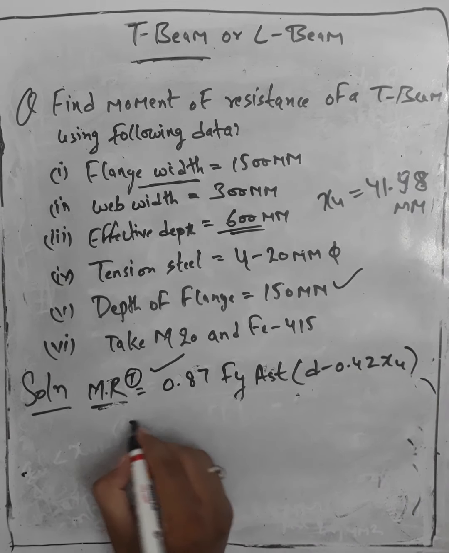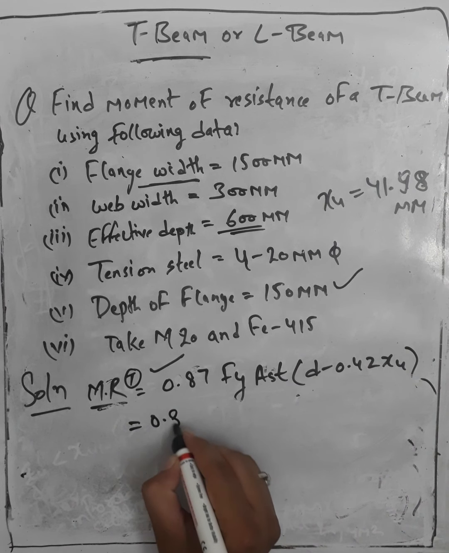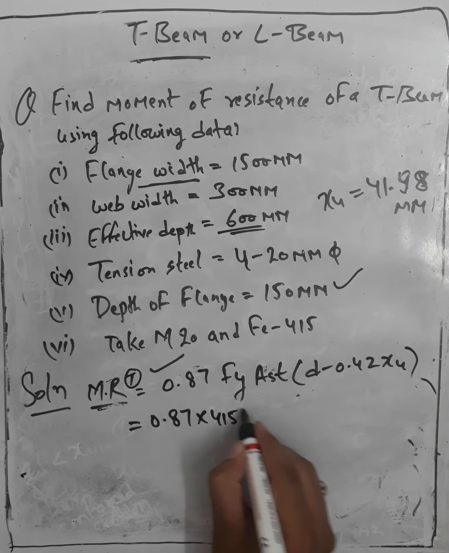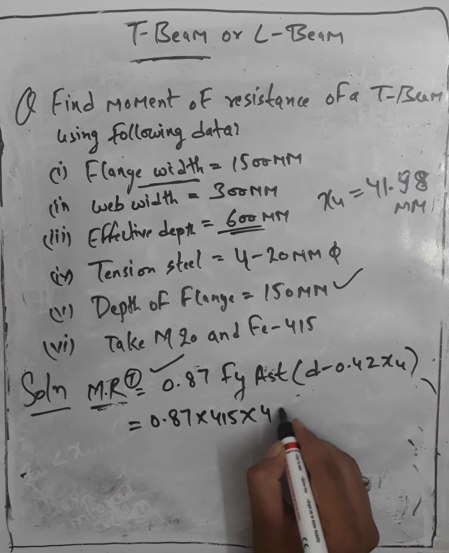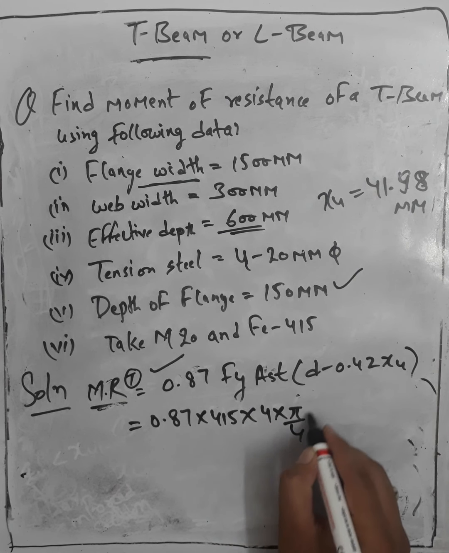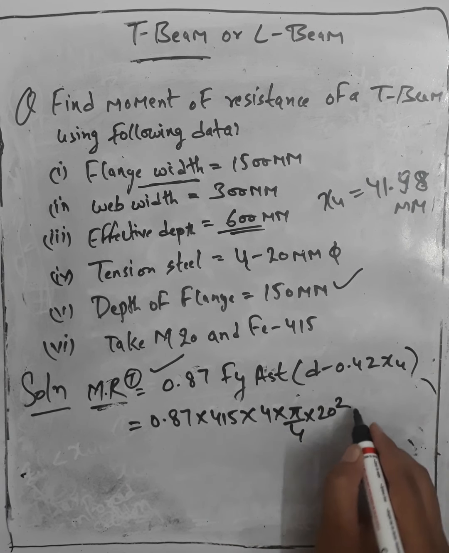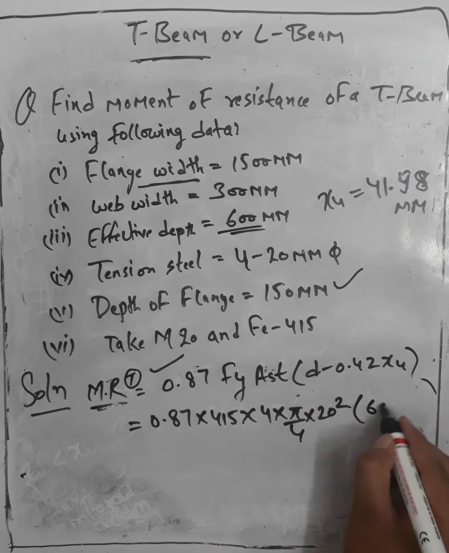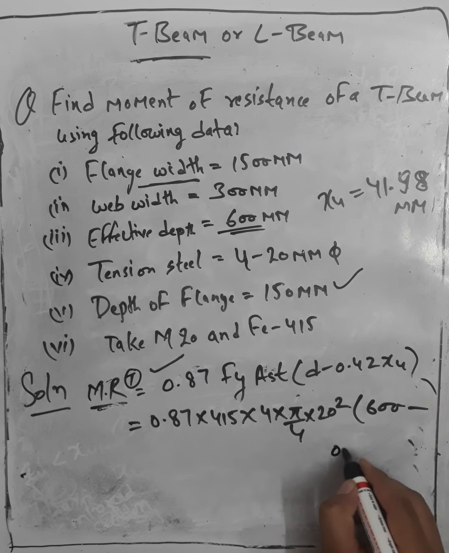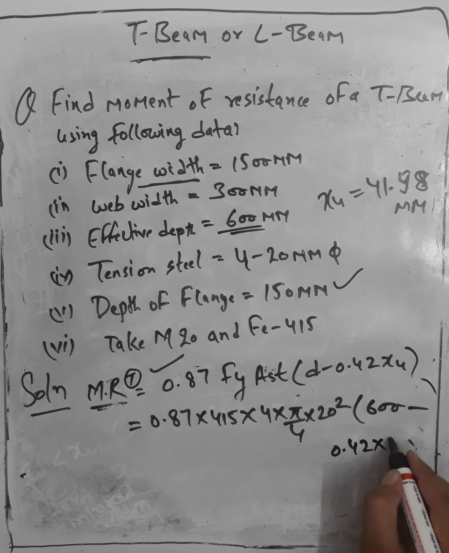So put values in this equation: 0.87 into 415 into 4 bars of 20 mm dia, into 600 minus 0.42 into 41.98.